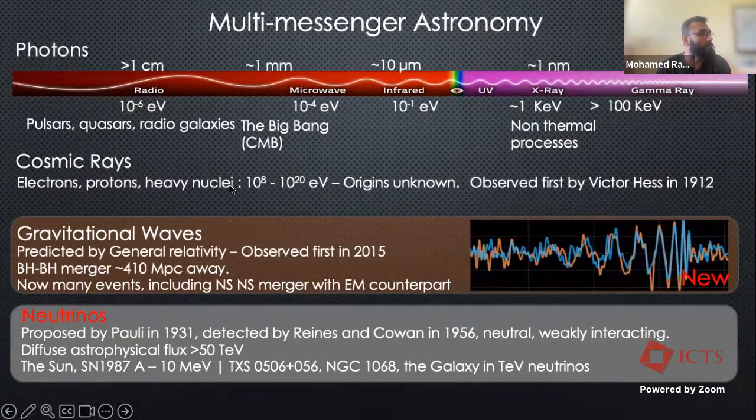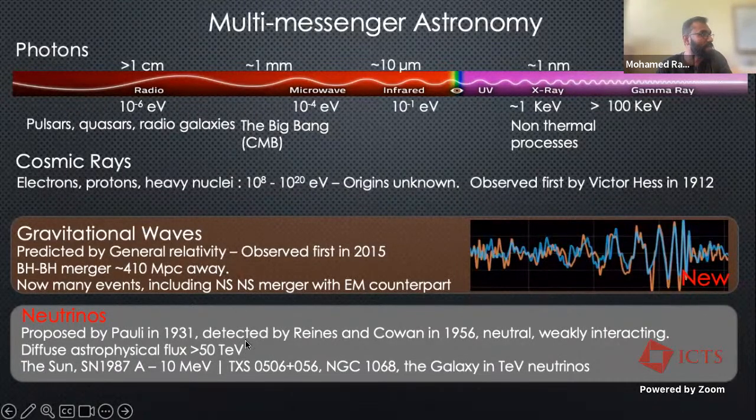These are coming in from outer space, but because they're charged, we cannot point back to where they come from, because there are magnetic fields in outer space, and so they're deflected. We only know how much energy is there in cosmic rays and what their flux and composition are. We don't really know what their sources are in any direct way. But people have been able to form hypotheses based on energetics.